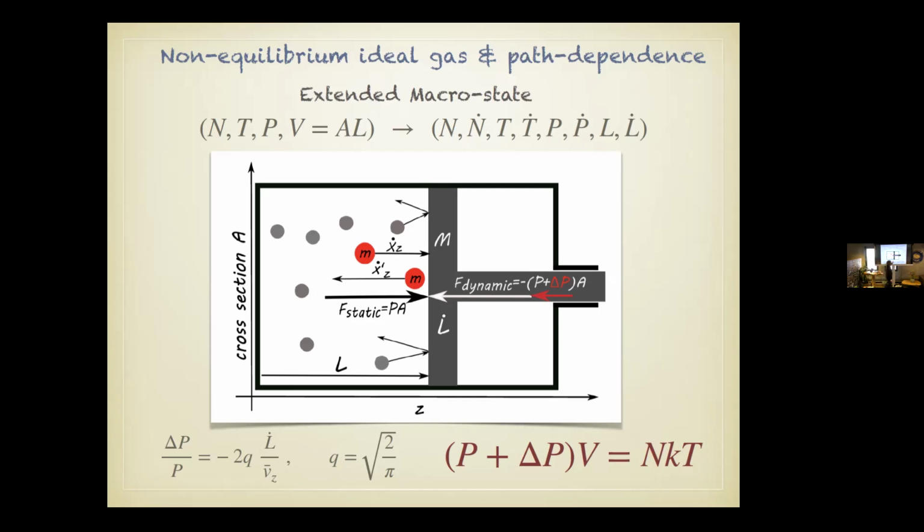We can also see it differently. As long as this piston does not really move, I can pretend the piston goes in or goes out, and I'm always looking at the collision between the molecule and the piston in the same frame of reference. So the center of mass system for the collision is identical when I push out or pull in, because I do it infinitely slowly, and I don't change my center of mass system at all.